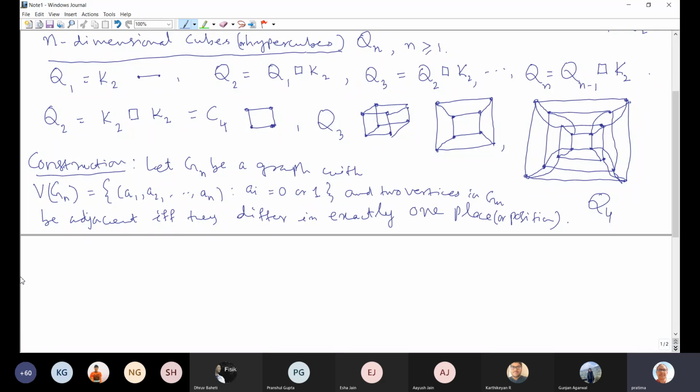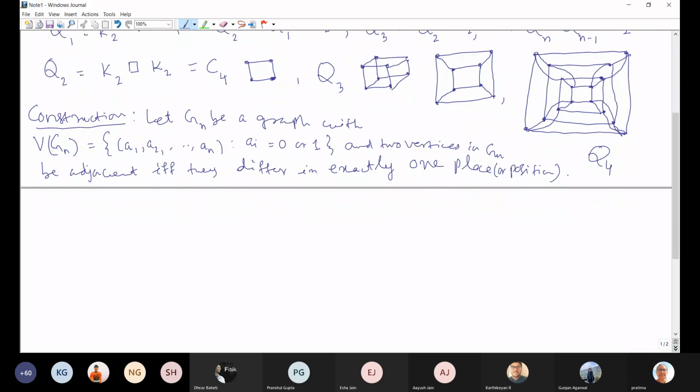Well, let me give one example. Let us see this example of G3. What is the vertex set of G3?